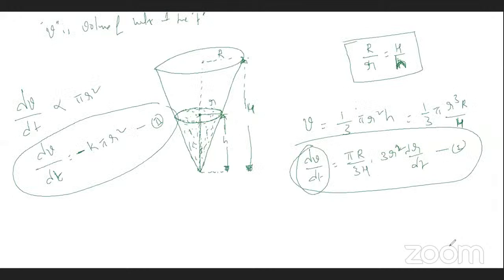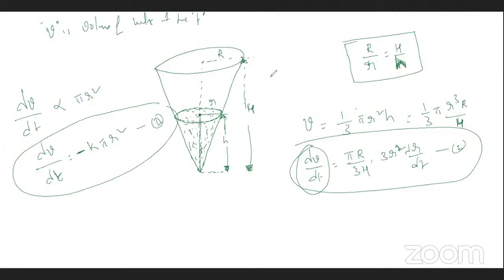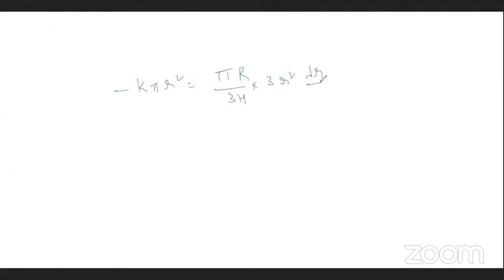This I observed, so these two should be the same. So minus k pi r square equals pi r by 3h into 3r square into dr by dt. 3 gets cancelled, r square gets cancelled, pi gets cancelled. So what is my dr by dt? kh by r.